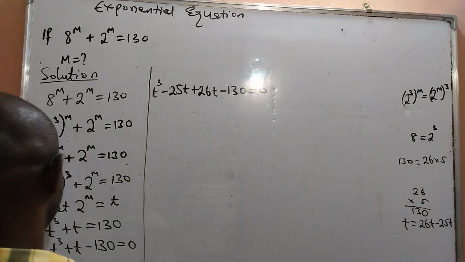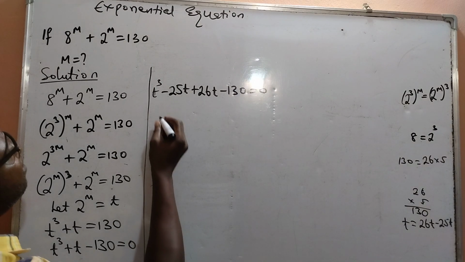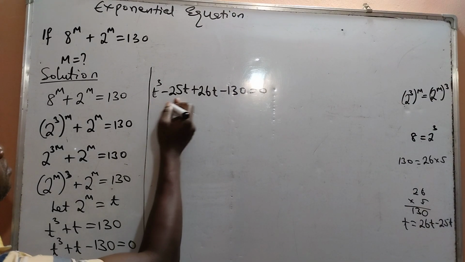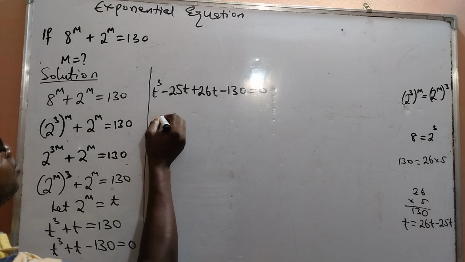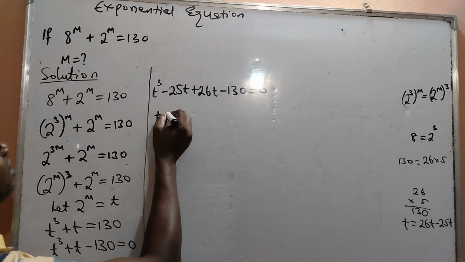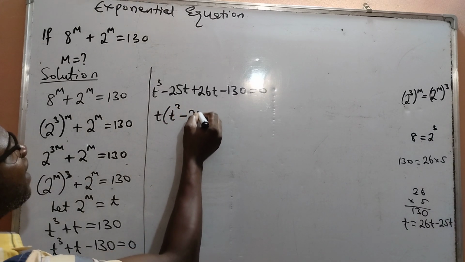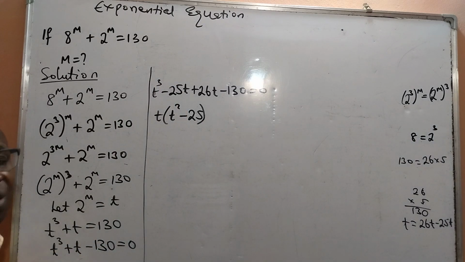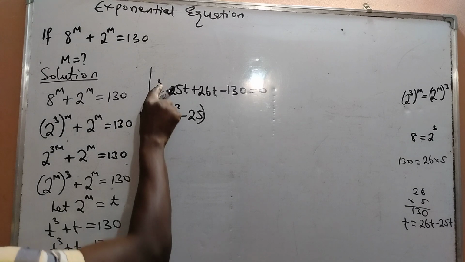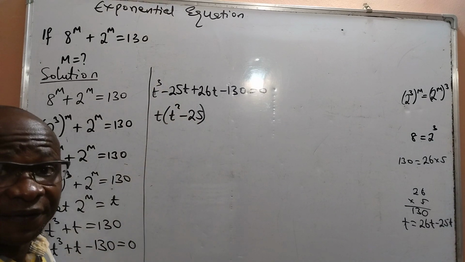But then see again that from here I can write what is common here, which is t into t squared minus 25. In these two expressions, I have factored out t, left with inside the bracket t raised to the power 2 minus 25.